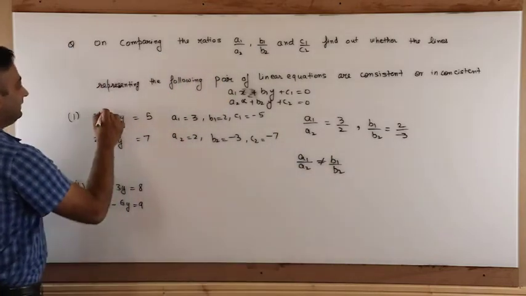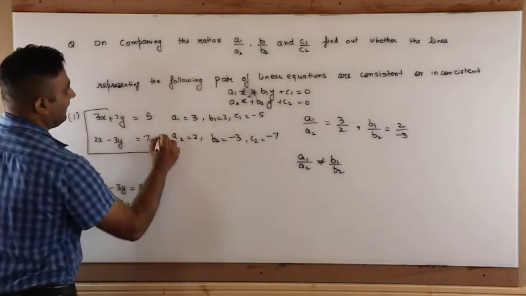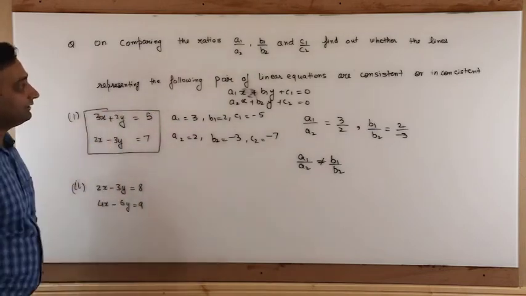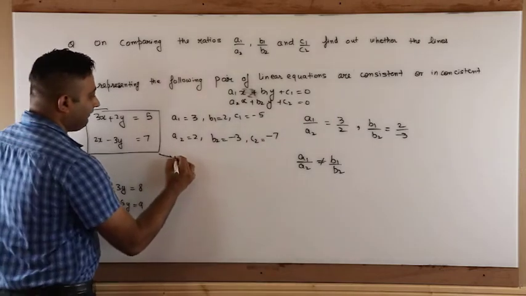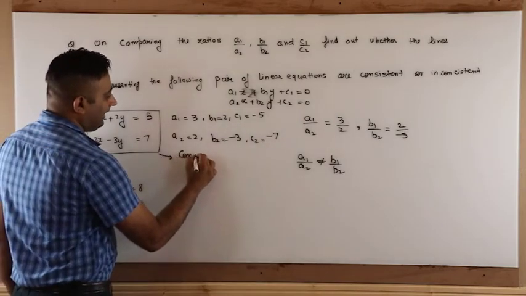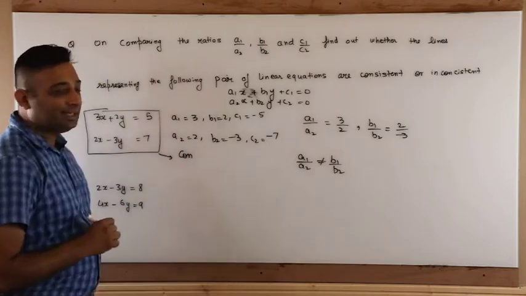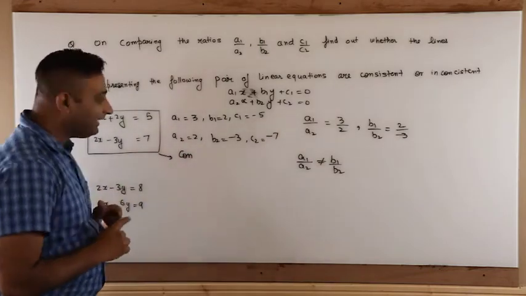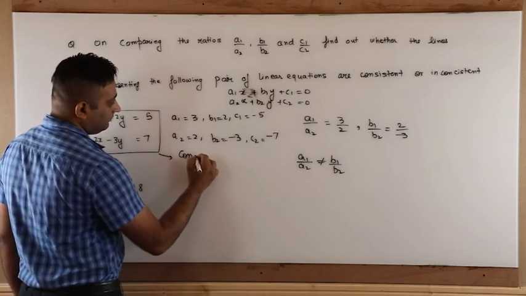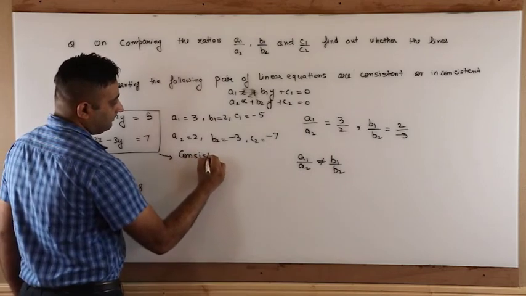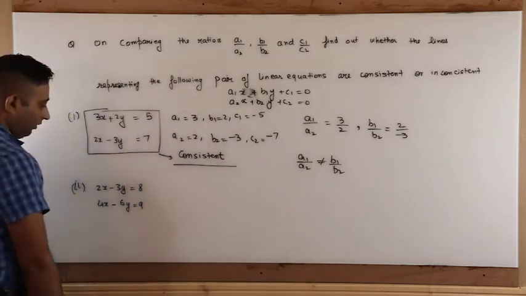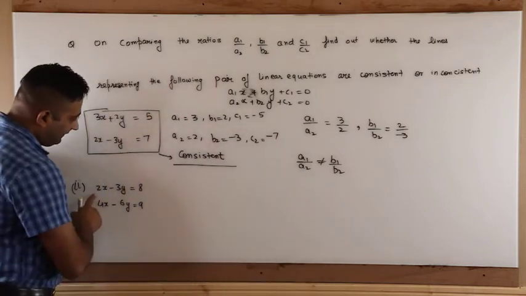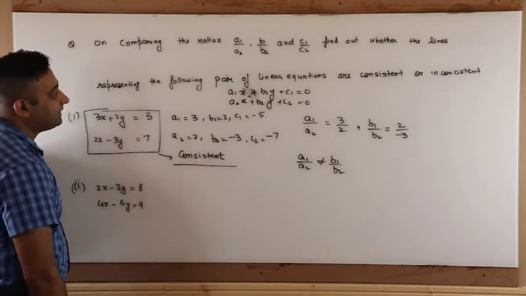That means this pair of linear equations in two variables is consistent. So this has a unique solution and the lines will be intersecting lines, consistent with unique solution.